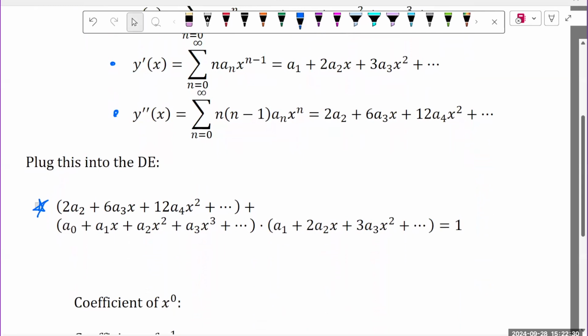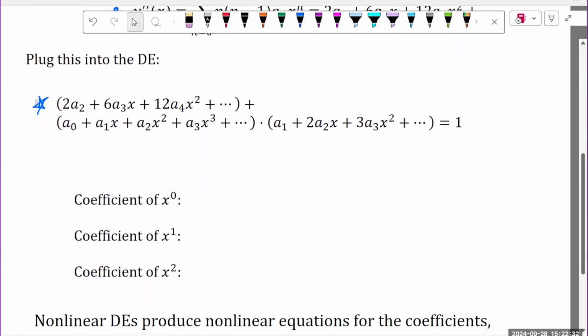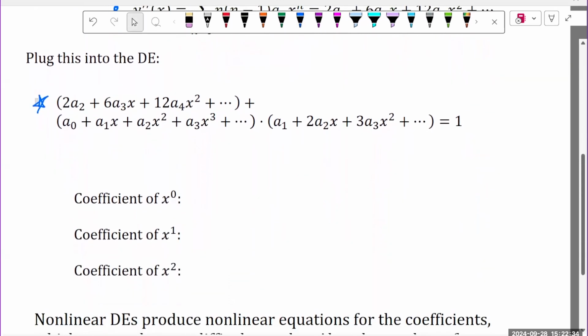And now we're going to try to look at the coefficients one at a time. What will the constant term, or the coefficient of the x to the 0 term, be? We would get a relationship that says that 2a2 plus a0 a1 needs to equal 1. For the coefficient of x to the 1, we're going to get 6a3 plus 2a0 a2 plus a1 squared equals 0.